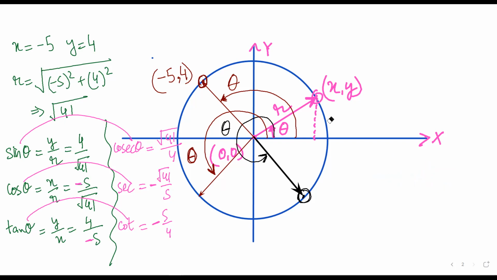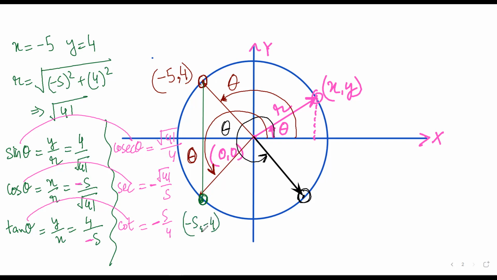Now, this minus 5 by 4, let us play with the minus 5 by 4 only. So let us assume that this minus 5 by 4 comes to the third quadrant. In the third quadrant, this will become minus 5 comma minus 4. Any doubt?